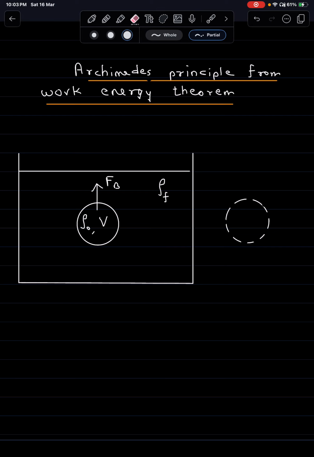So this over here is nothing but the displaced fluid. This is the same fluid which is displaced, so its density is nothing but rho f, and its volume is the volume of the object. What will be its weight?